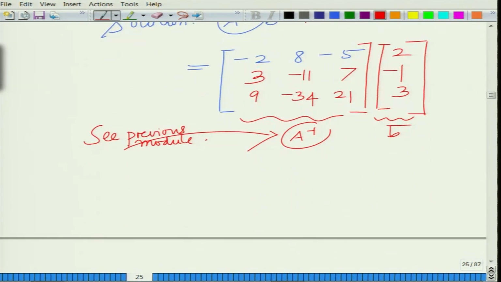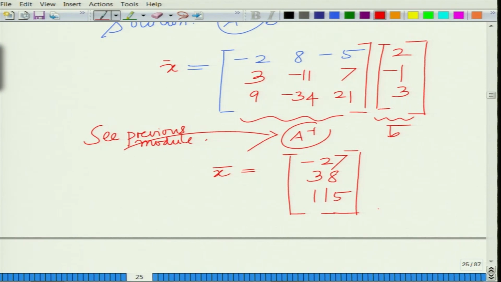to see how we have evaluated A inverse, and then you evaluate this, and this gives you x bar equals minus 27, 38, 115.